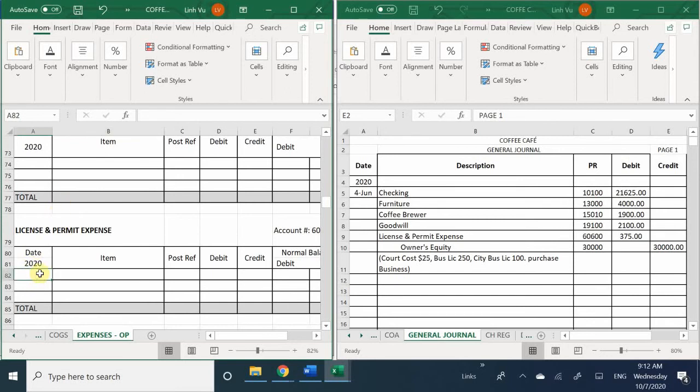So in this case, I'm going to go ahead and indicate the date. In my item, I'm going to disclose all the information that I've disclosed in my journal, right?